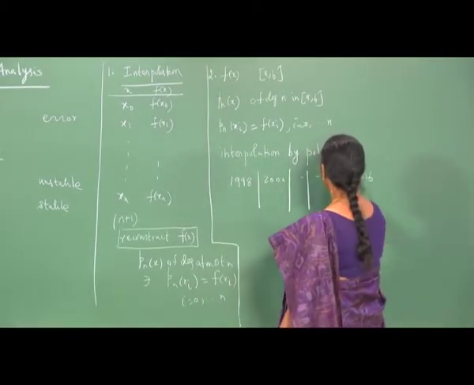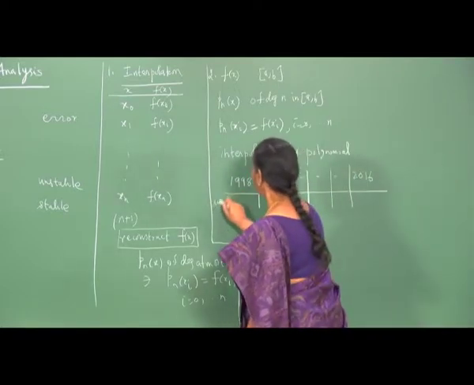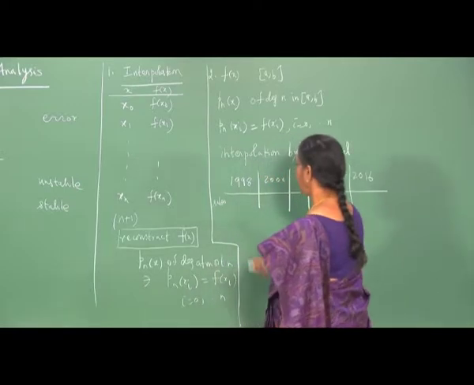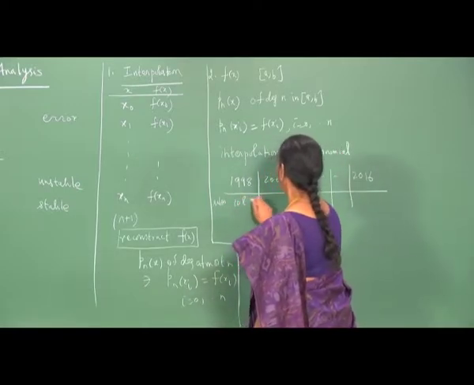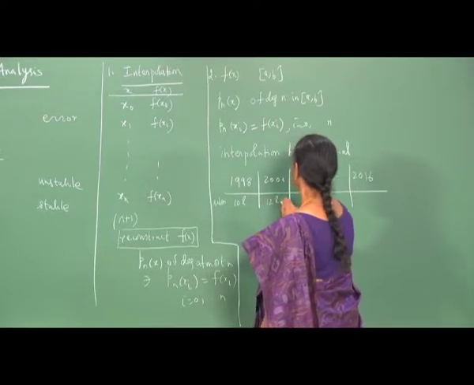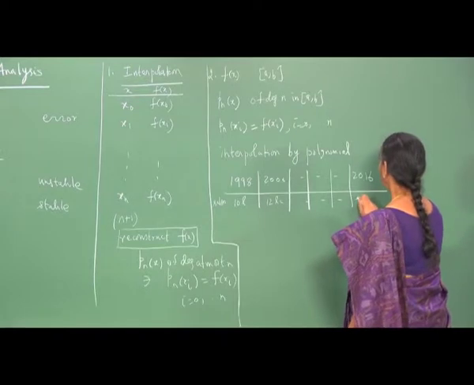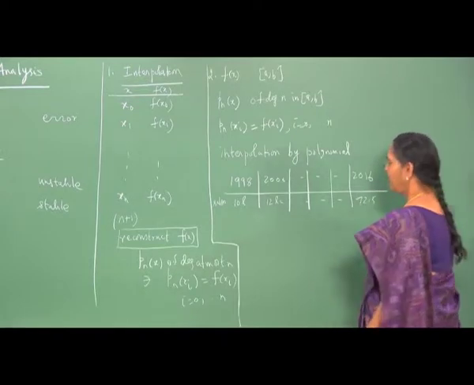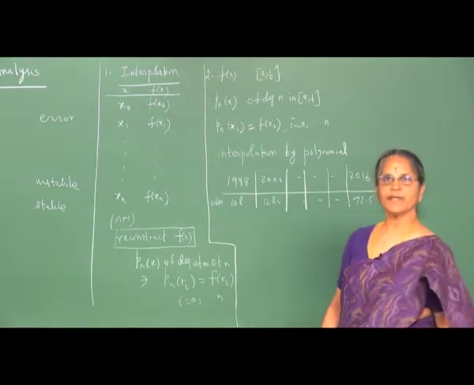So, I know in these years what the sales of a certain commodity are. Say it is some 10 lakhs, this becomes 12 lakhs and so on. So, it has increased by say 72.5 lakhs in these years.